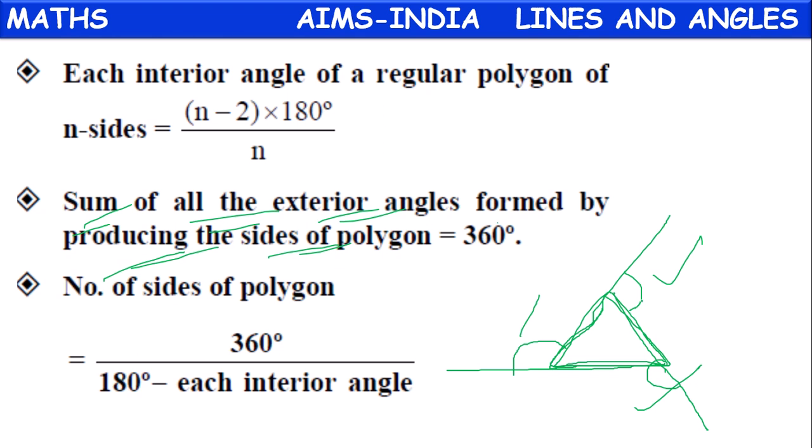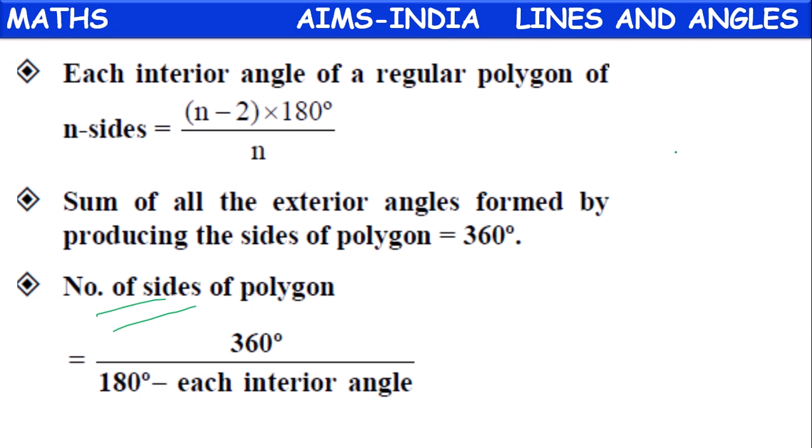The sum of the 3 exterior angles will be equal to 360 degrees. So for any polygon, the exterior angle sum is always equal to 360. The interior angle sum may be different: for a triangle 180, for a rectangle 360, for a pentagon 540. But the exterior angle sum is always equal to 360 degrees.